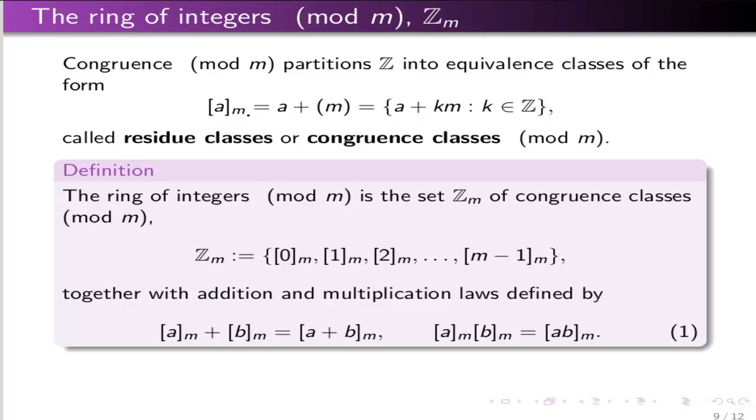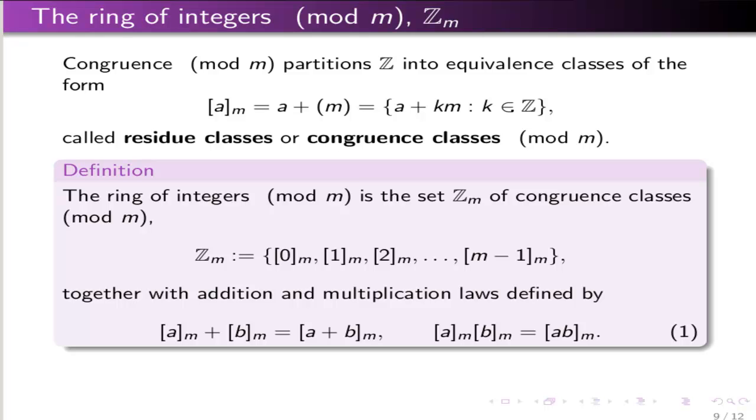So bracket a sub m is the equivalence class containing a, and it's the set of all numbers of this form, where you fix a and you add to it any multiple of m. So the set of all objects of the form a plus k times m, where k is an arbitrary integer. So we call these residue classes mod m, or congruence classes mod m.